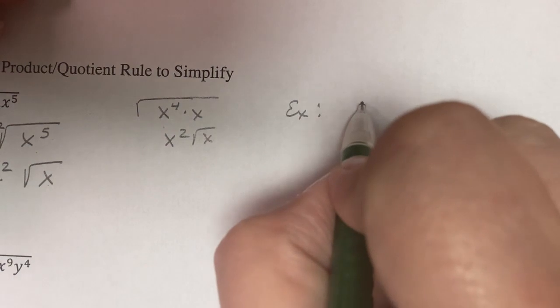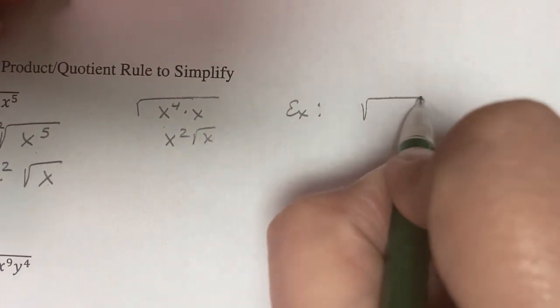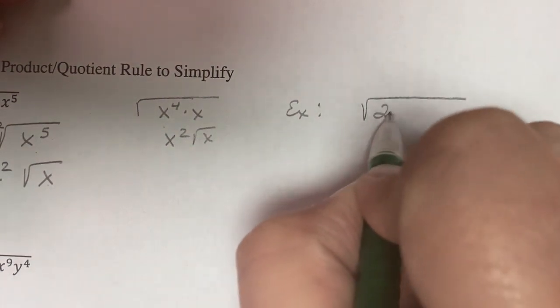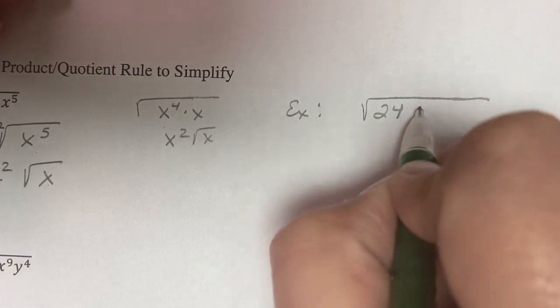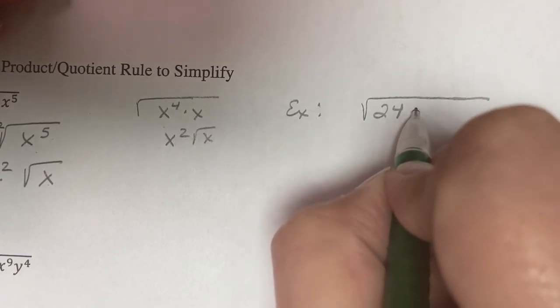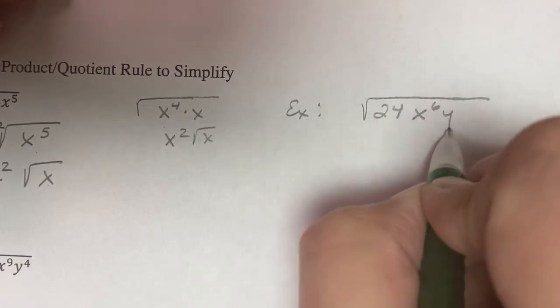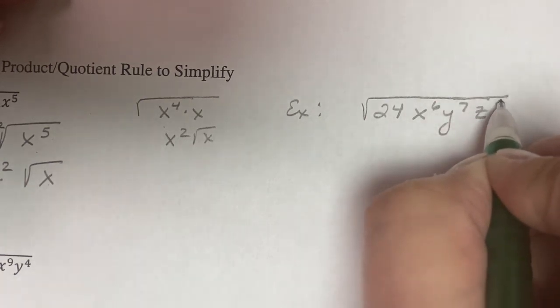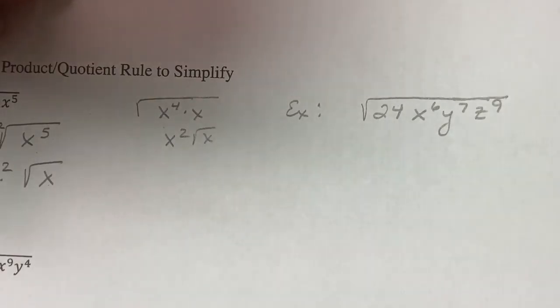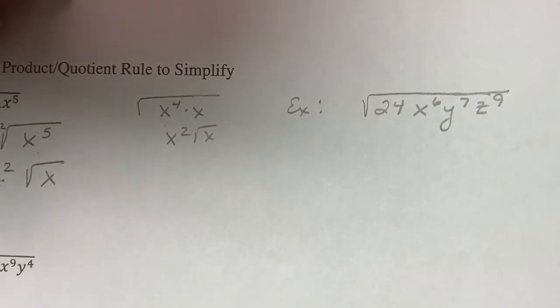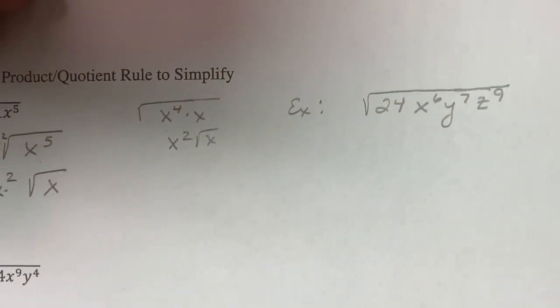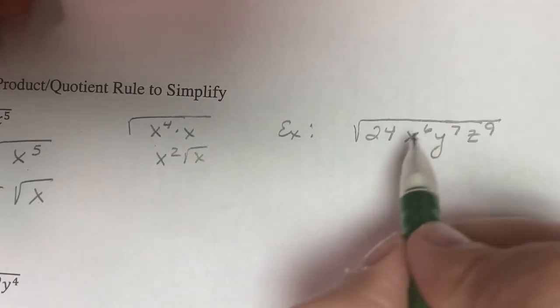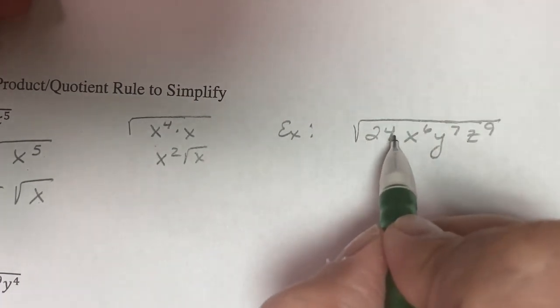What if I had the square root of 24, excuse me, x to the 6th, y to the 7th, z to the 9th. That's a hard one. All right, so here's what you would do. First, work on the number.